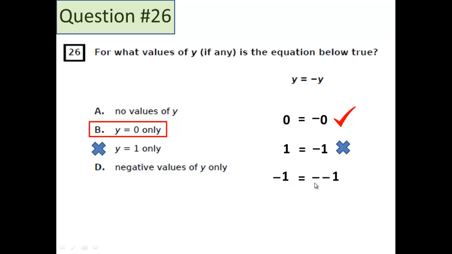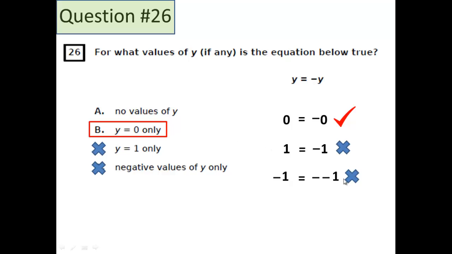What is the opposite of -1? Call it out. That's +1. So what we're really saying is -1 equals +1. That's not true. That is also incorrect. Y equals 0 is the only answer, and that means that there is a value of y.